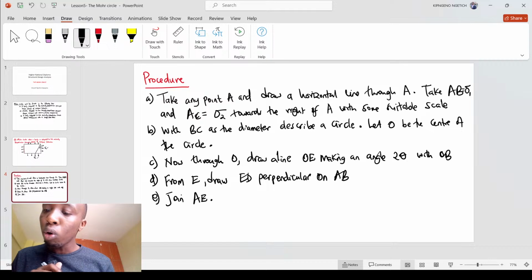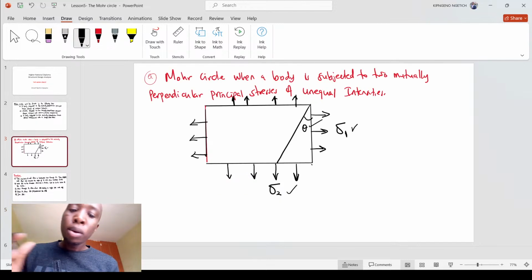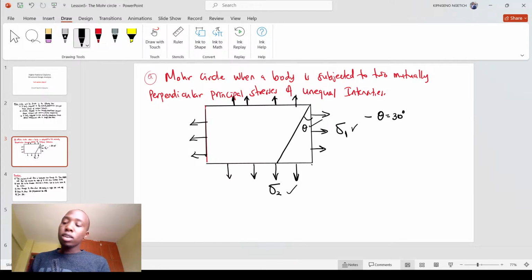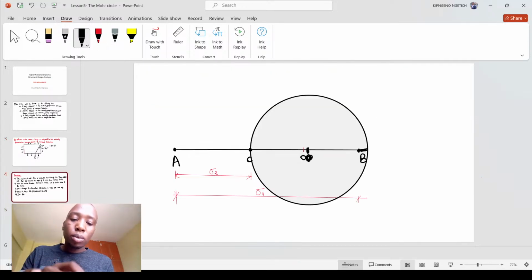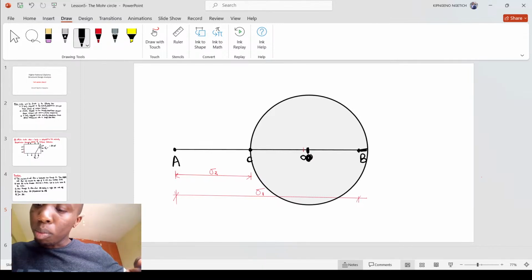Now through O, draw a line OE, making the angle 2 theta. So if your theta was 30 degrees, with your protractor you make an angle of 2 theta from O with a reference line OB.